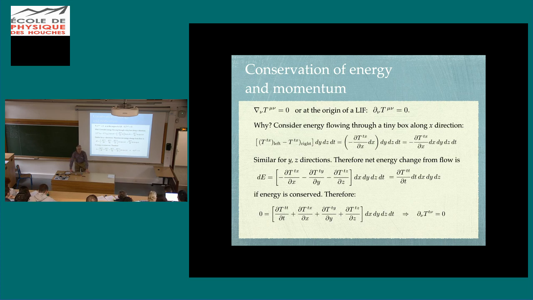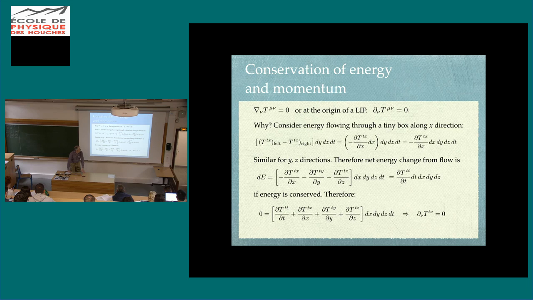And because in a locally inertial frame, what does the tensor derivative become? It just becomes the ordinary derivative because the Christoffel symbols are all zero. Okay? And so I'm claiming that this expresses energy conservation. Why would I make such a claim?